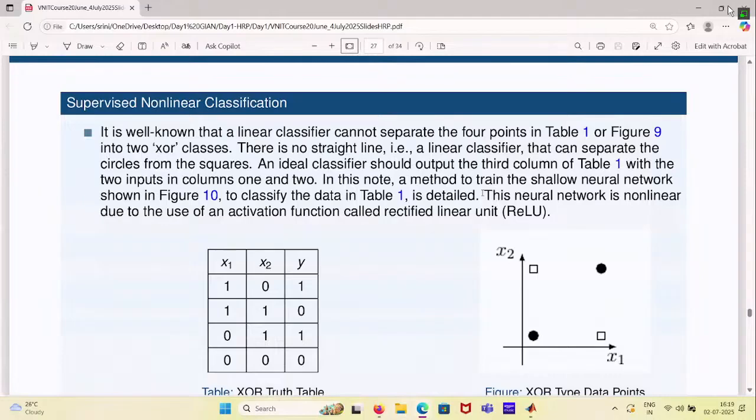So cross is one group, circle is another group. So how would you draw a classifier to separate the two? What do we need to do to separate the two?